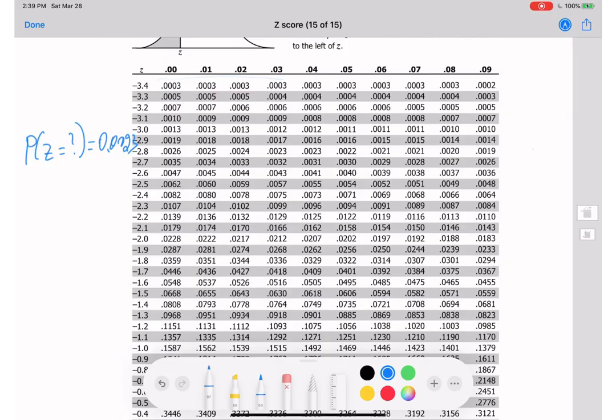So let's find it, because the probability 0.0023 means it's equal to 0.23%, right? Let me rewrite it. I don't like how it looks. So, it's equal 0.0023. We move by 2 positions to the right, which means we multiply by 100.